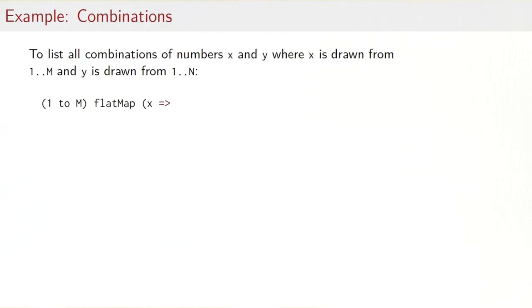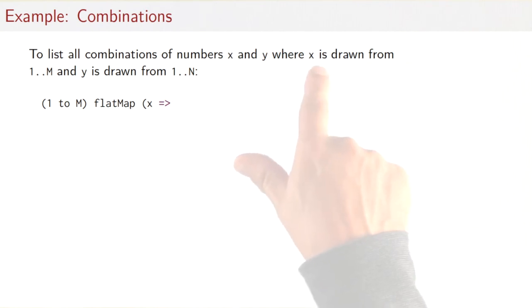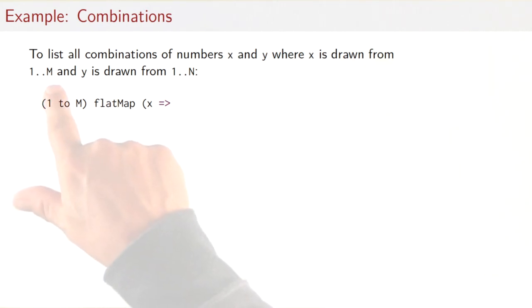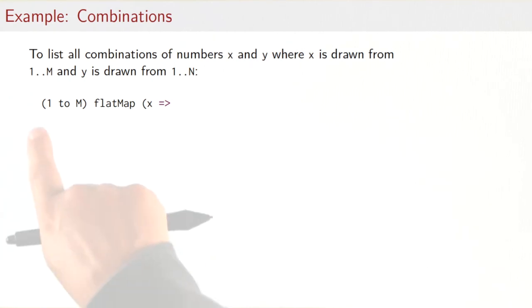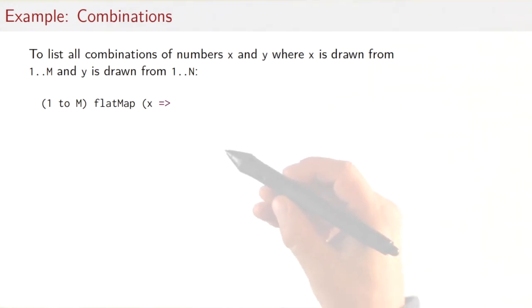So let's apply these new operations to some examples. The first thing I want to do is list all combinations of numbers x and y, where x is drawn from one interval, let's say from 1 to m, and y is drawn from another. So I would cycle through the list 1 to m, and I would do a flatMap with, what would I have to do here?